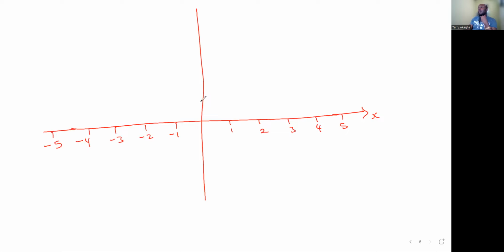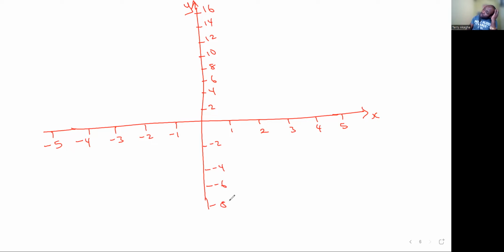Then let's make this as 2, 4, 6, 8, 10, 12, 14, 16. Let's say something there. So this is the y-axis. And we have here minus 2, minus 4, minus 6, minus 8, something like that.